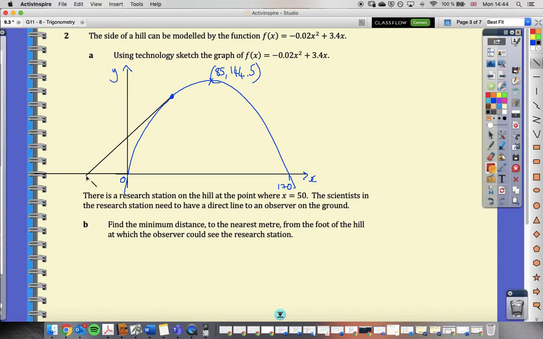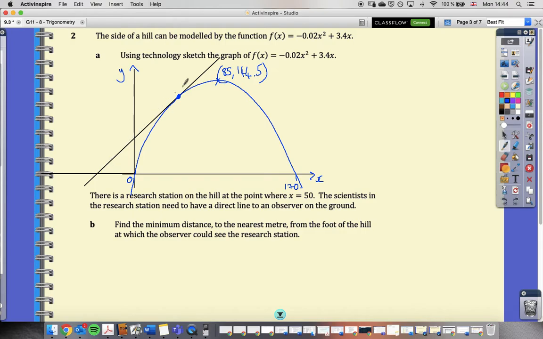So we're going to need to find this tangent, and then the distance we're after is here. I'm making an assumption here that the bottom of the hill is at y equals 0, so the x-axis is our ground. So I would like to find the equation of this tangent.